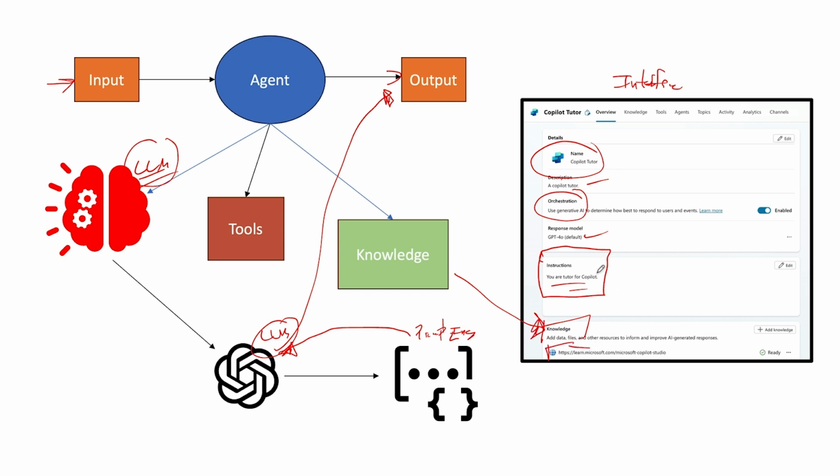Here, this is where we're going to spend most of our time. We're going to wordsmith, as best we can, the intricacies of our model. In this case, it's going to be GPT-4o. Okay? And all our instructions, which is why they call them instructions, are going to go here. Do this, do that, do more of this, do less of that. When we look at this pictorial representation of an agent, sometimes it gets confusing, especially to those who are new.